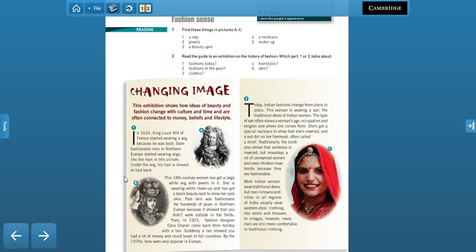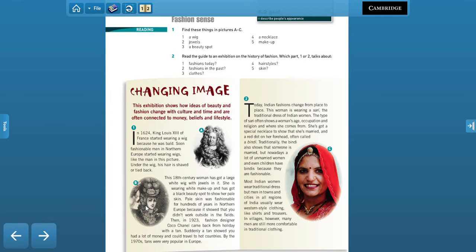Where do we have jewels? In this image, she's wearing some jewels, right? A beauty spot. What is a beauty spot? In Spanish, we call them lunares, right? In English, they are beauty spots. Over there, if you see closely, they both have got beauty spots.